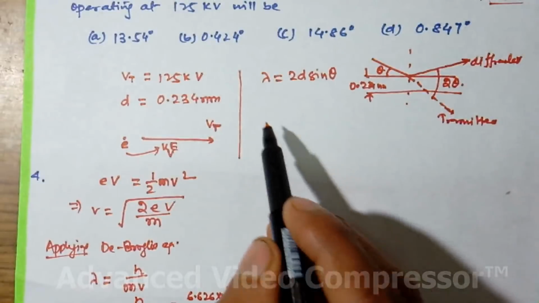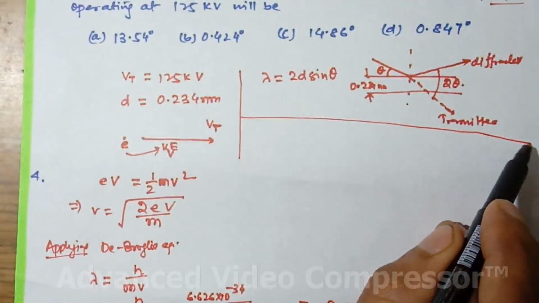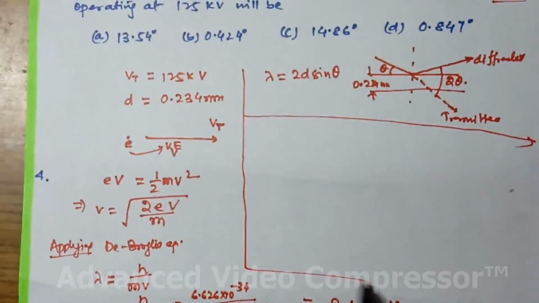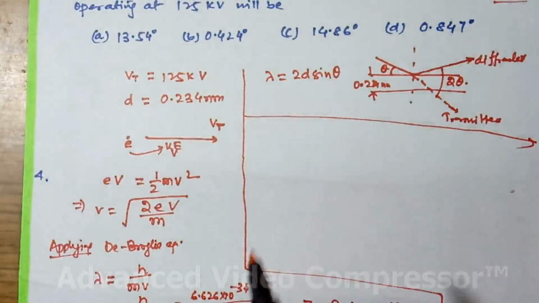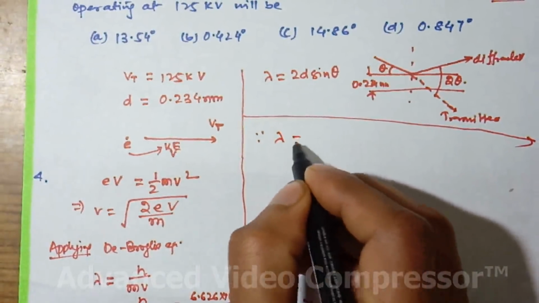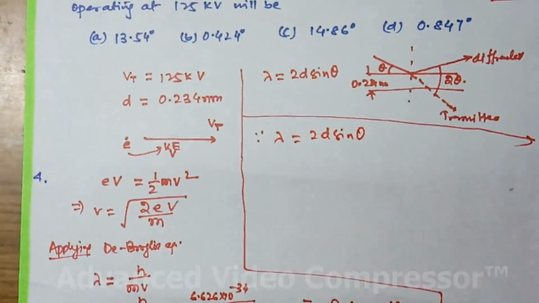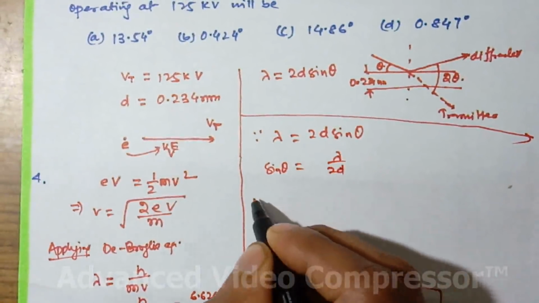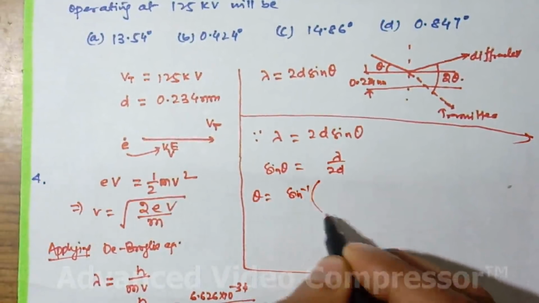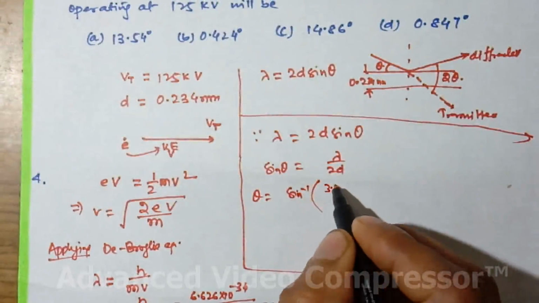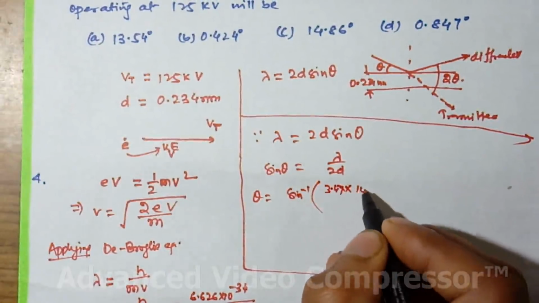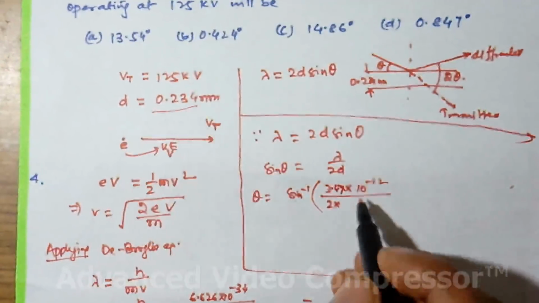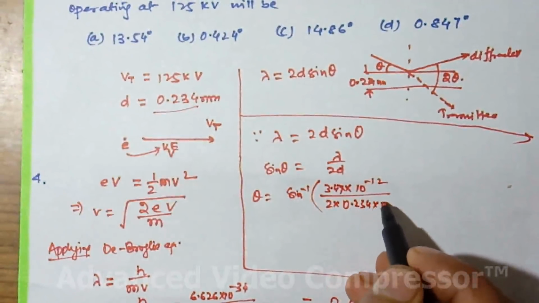Now we'll go to the second part. Since lambda equal to 2d sine theta, and lambda we know, sine theta is equal to lambda by 2d. So theta is equal to sine inverse of lambda by 2d. Lambda we have got 3.47 into 10 power minus 12, and 2 into d is 0.234 into 10 power minus 9.